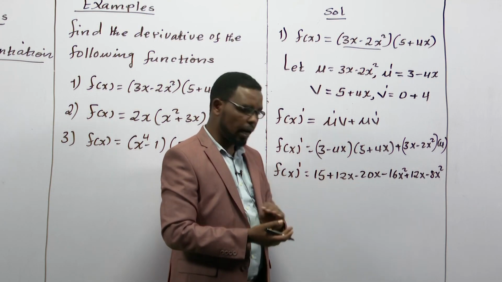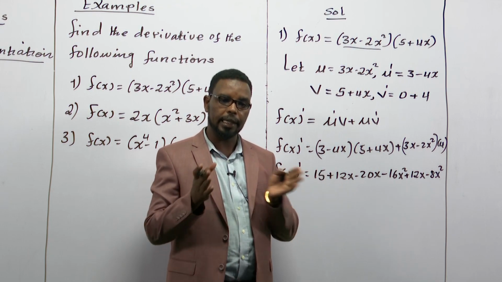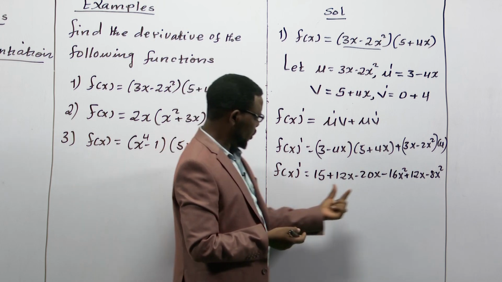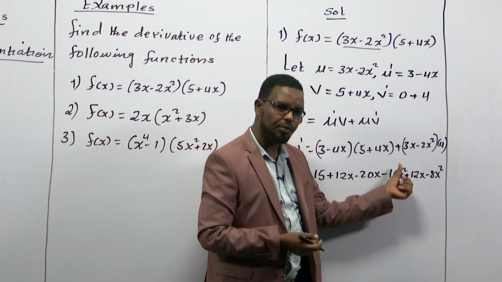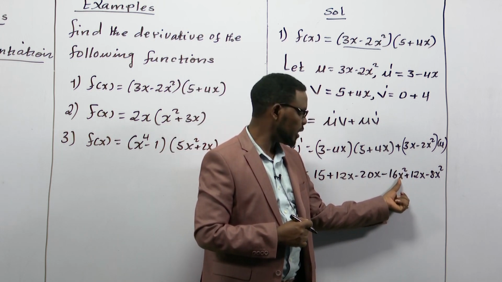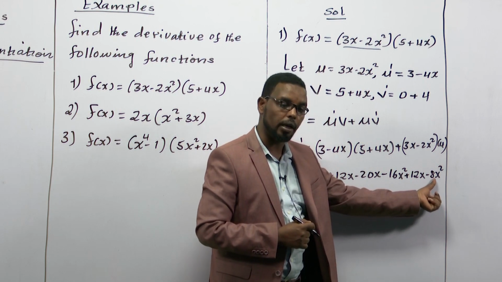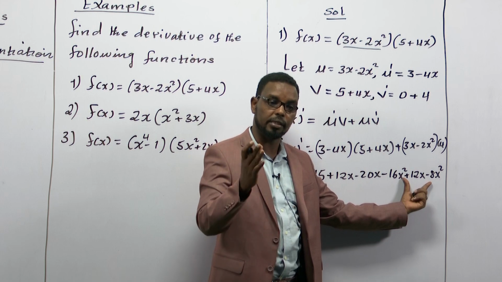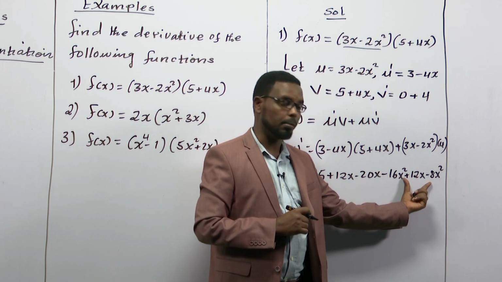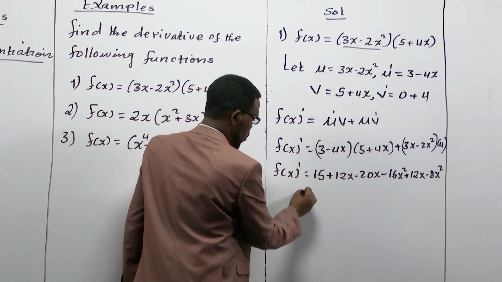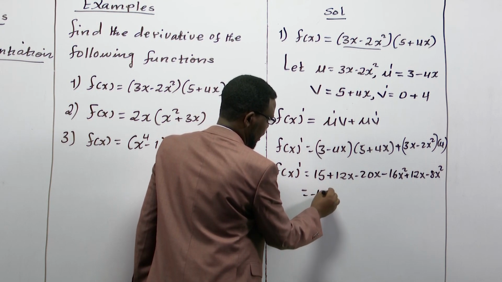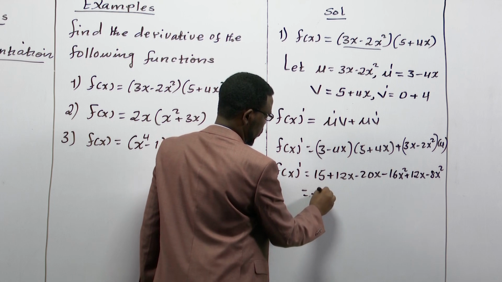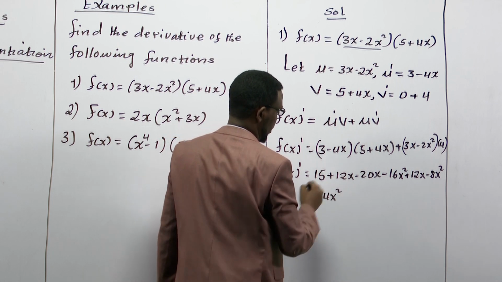Then we should simplify by adding or subtracting the like terms of this expression. We should start with the highest degree variable: minus 16x squared and minus 8x squared. We should add those two because they have the same sign. Minus 16 minus 8 is equal to minus 24x squared.